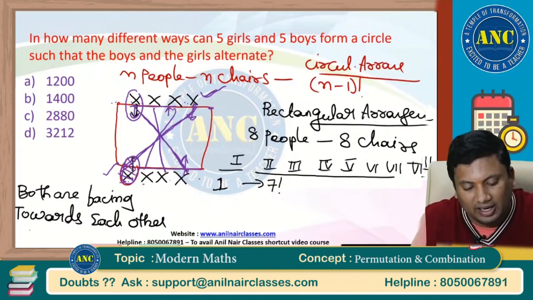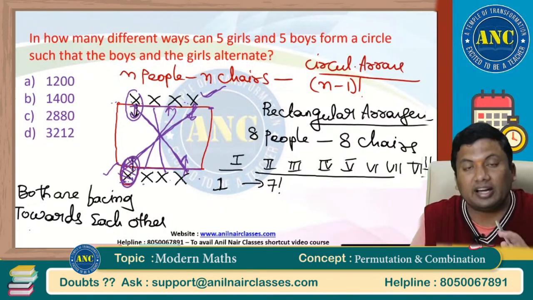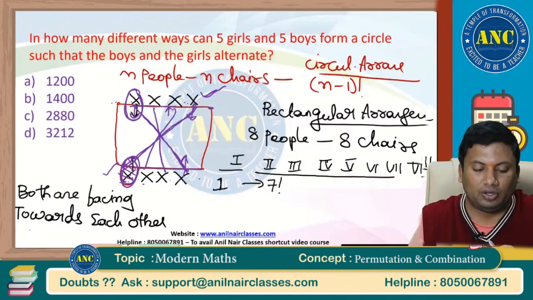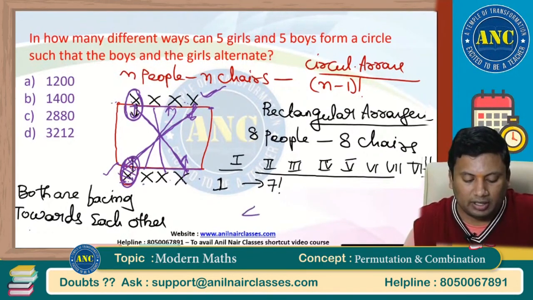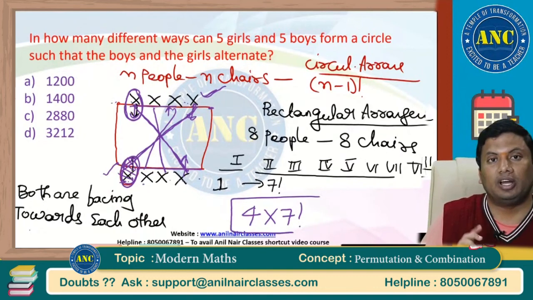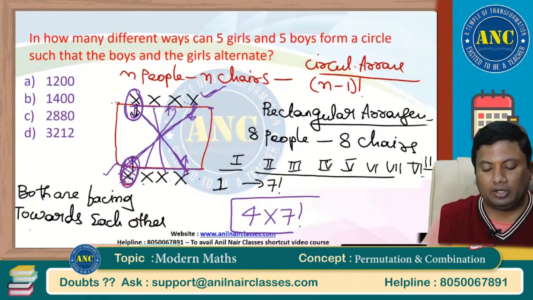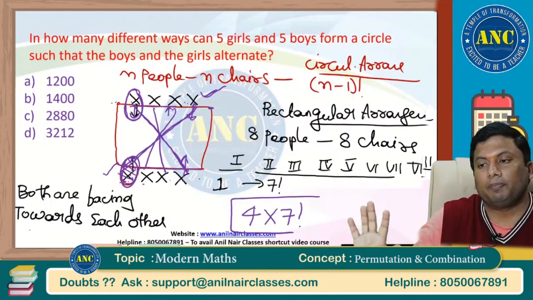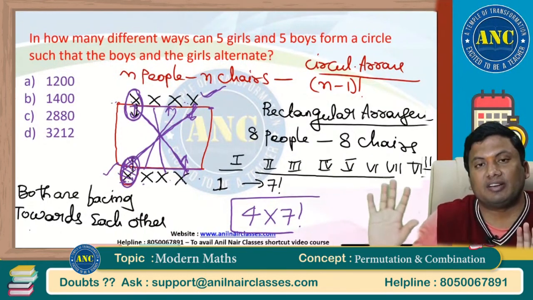That means if Anil Nair sits here, I get 7 factorial. Here also, if he sits, I get 7 factorial. 4 positions are similar, so the answer is 4 into 7 factorial. If Anil Nair sits here, the remaining 7 people can arrange among themselves in 7 factorial.